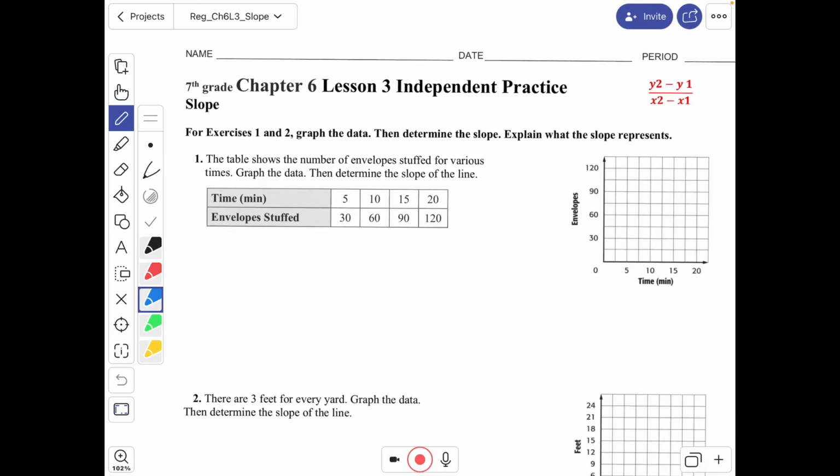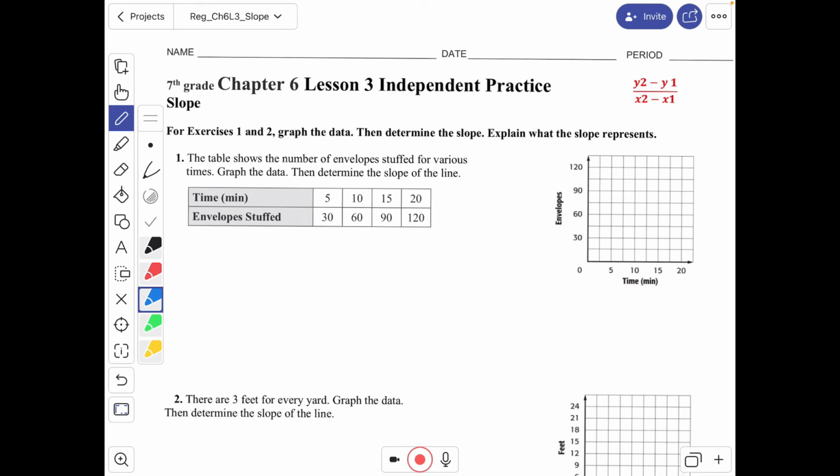So the questions you're going to be doing look like this. For number 1, you're going to find the slope and you're going to figure out what the graph would look like. Pick any 2 y's or any 2 x's. Pick an interval. And time is the x, and envelopes is the y.